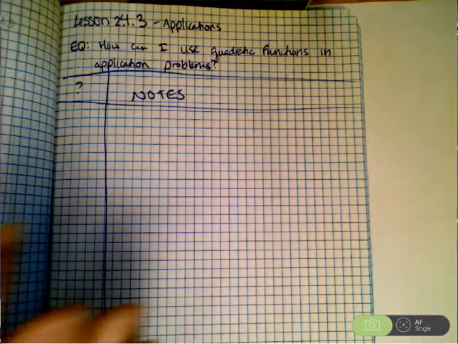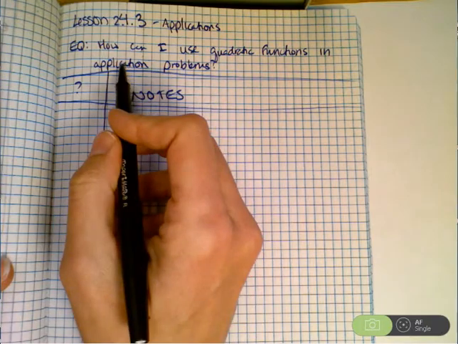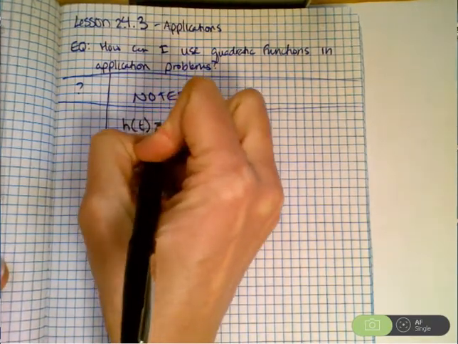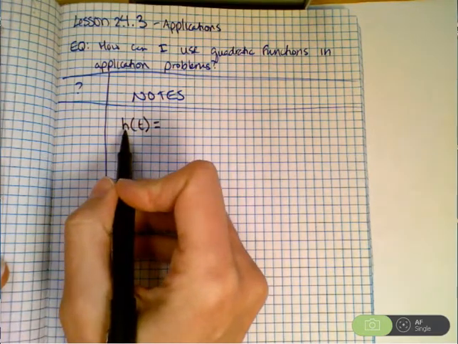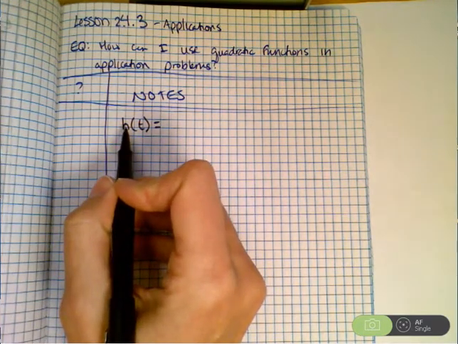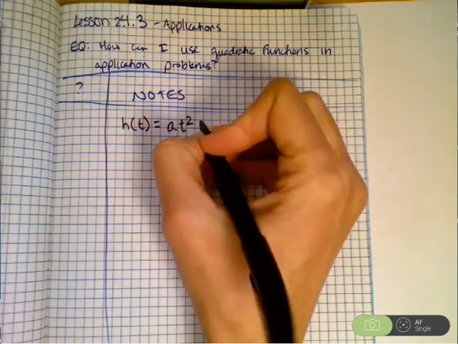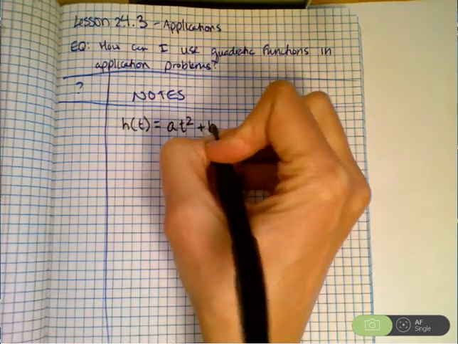The thing that we want to think about first when we're using quadratic functions in application problems is that usually we're going to have something that gives us an h of t or a v of t or an s of t, something like this.